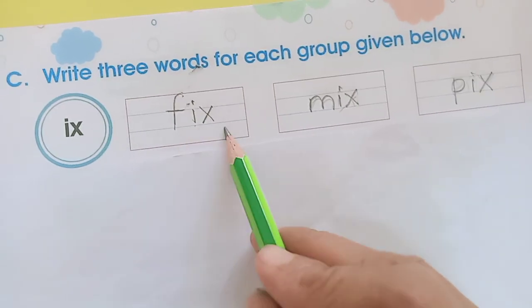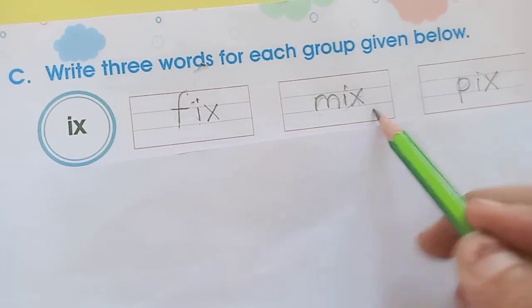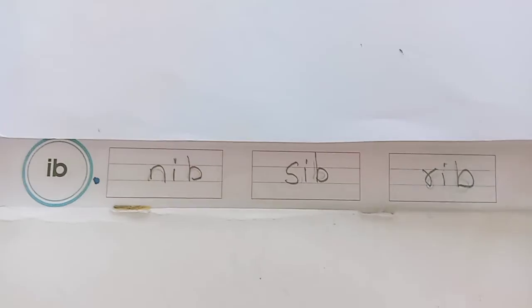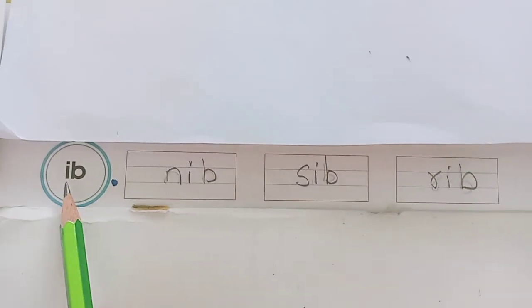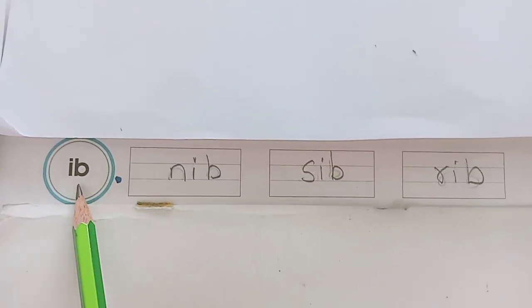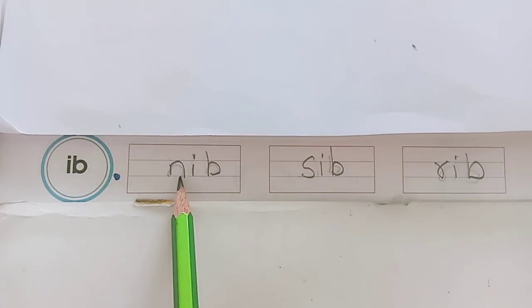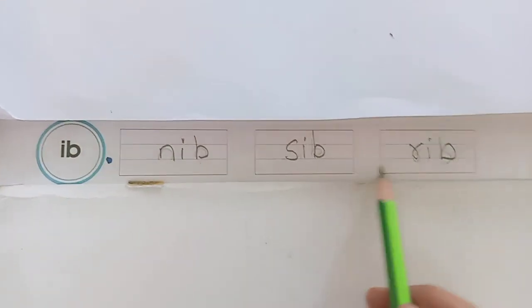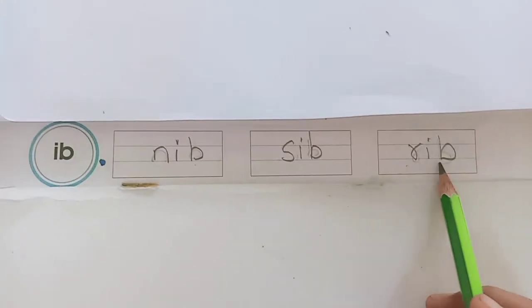Fix, FIX, fix, MIX, mix and PIX, pix. Okay. Here, in the same way you have to include one more alphabet in it. Like Miss has written here NIB, nib, SIB, sib, now RIB, rib.